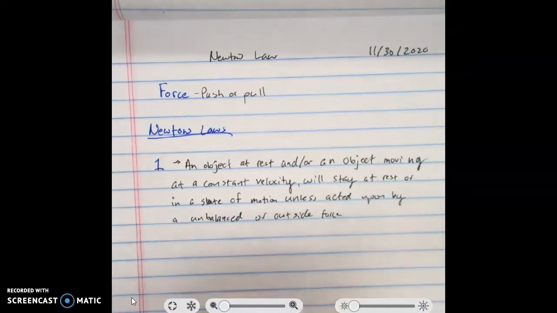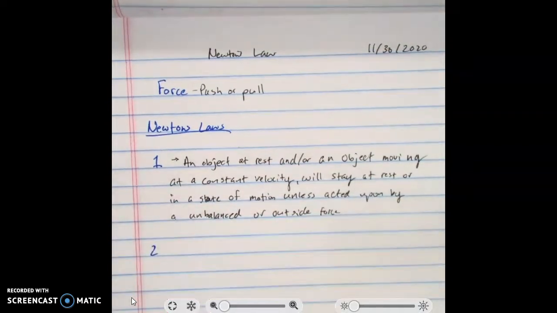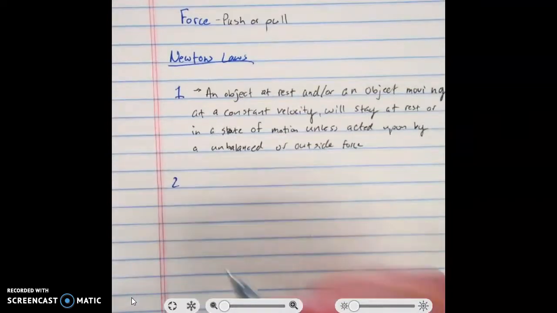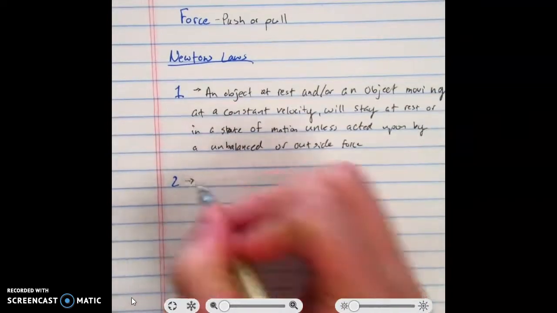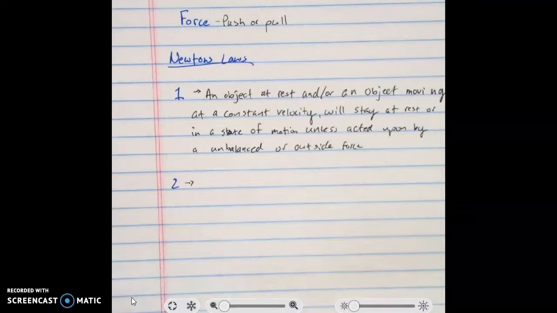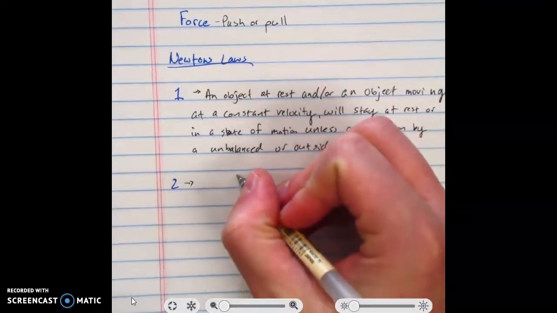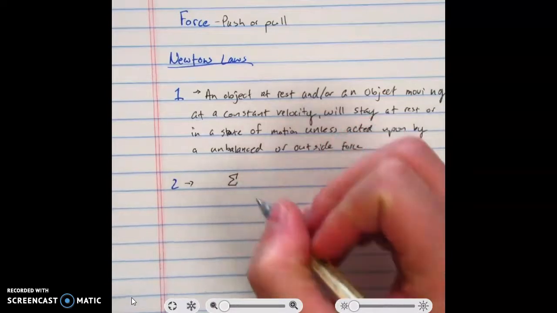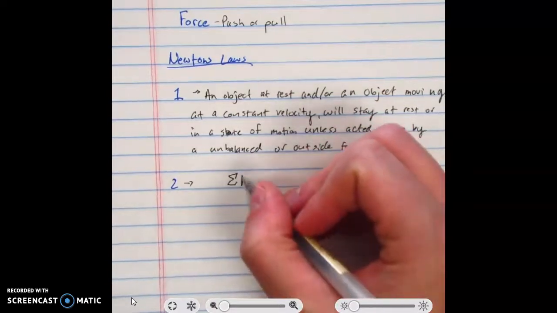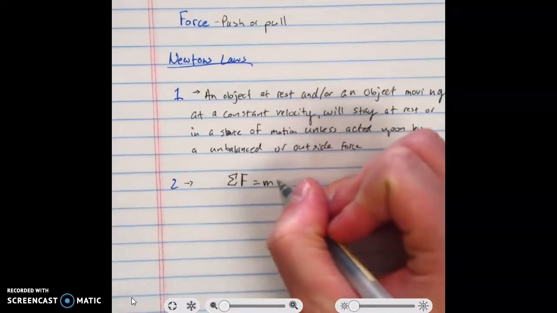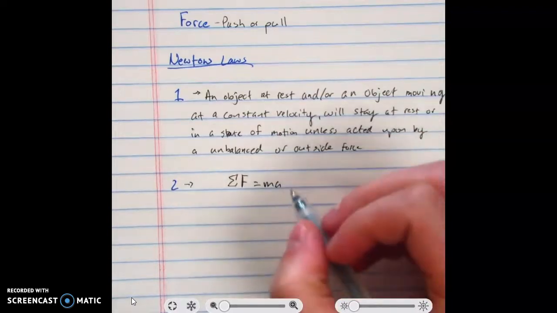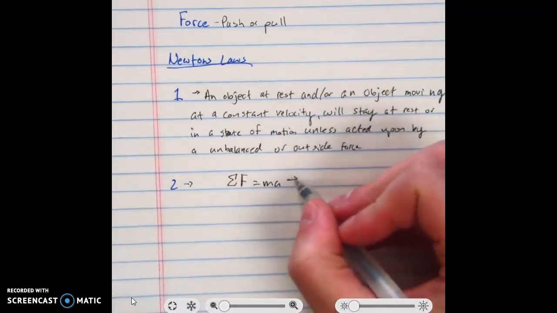Newton's second law. This one is where we're going to spend a lot of our time because this is the math-based law. Newton's second law looks something like this. We have this Greek symbol, capital sigma F equals ma. A is your acceleration.